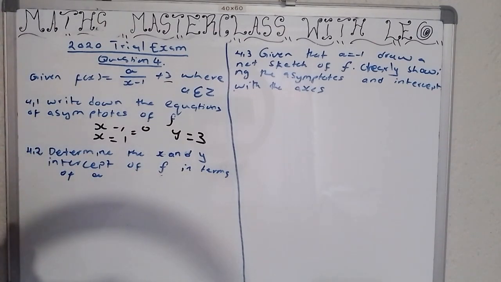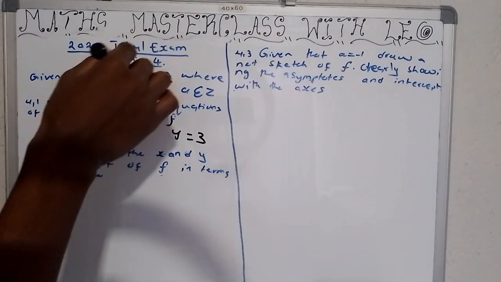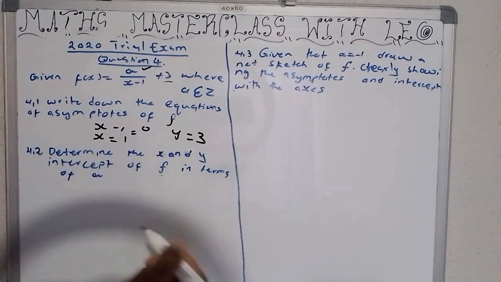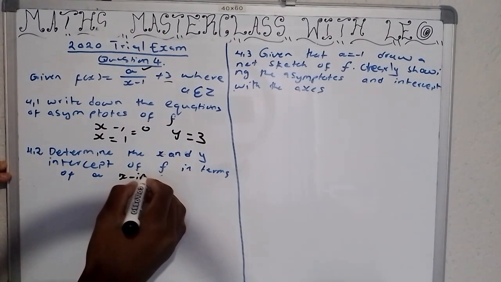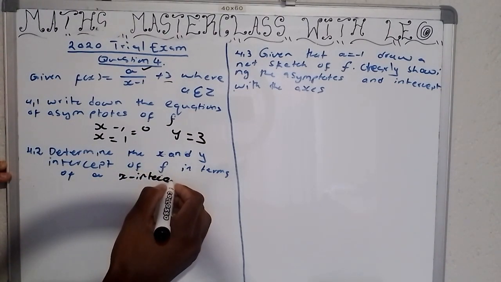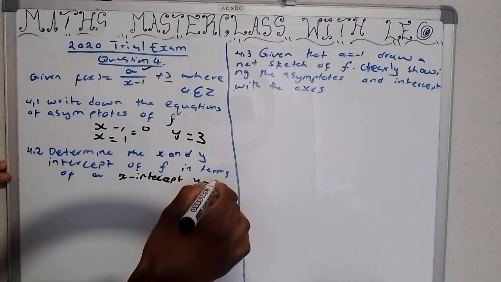The second question says, determine the x and y intercept of f in terms of a. In terms of a. So, you see, we don't have the value of a, so we're just going to write it as it is. Remember, for the x-intercept, y is equal to 0.